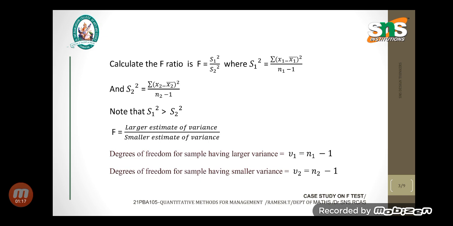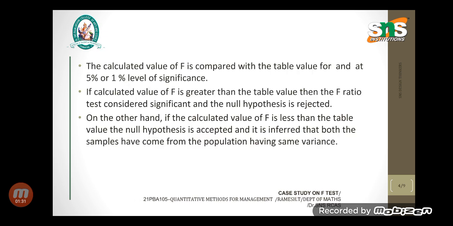So how do we calculate the degrees of freedom? The degrees of freedom for the sample having the larger variance is n1 minus 1, number of data minus 1. Similarly, the degrees of freedom of the sample having the smaller variance is n2 minus 1. The calculated value of F is compared with the table value at the 5% level or 1% level of significance.